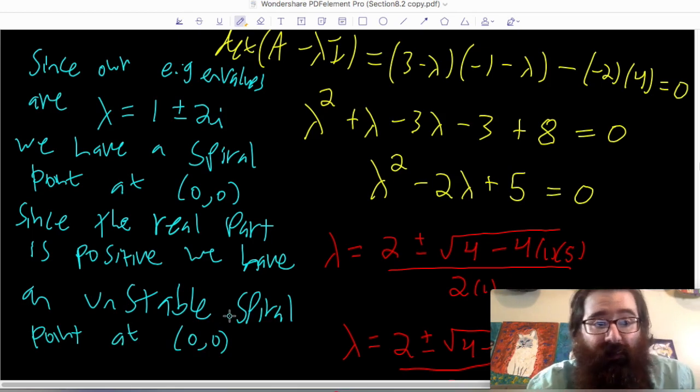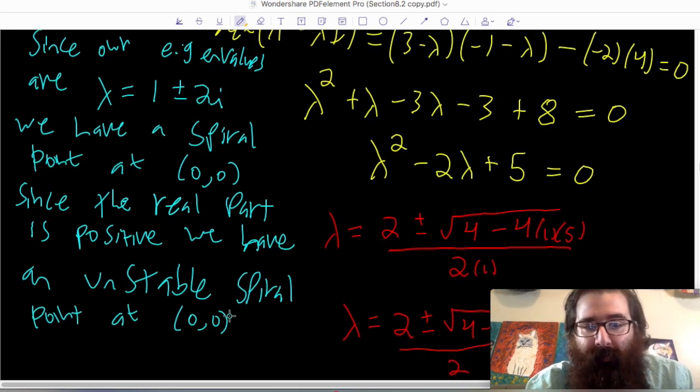Or thinking about that unstable spiral point, might not be bad to use that term source, unstable spiral source at 0, 0.